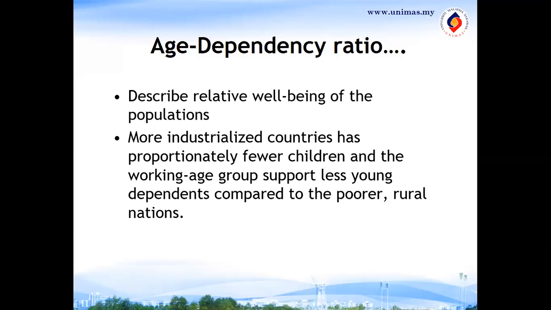Okay, and the working age group supports less of these young dependents tadi. Ya. Jadi dibandingkan dengan negara-negara yang sedang membangun, di mana populasi yang berumur 15 tahun ke bawah seperti Central Africa tadi kan sampai 46%. Yeah, so the number of people to support this group adalah ramai dibandingkan dengan in the developed countries. Okay, right. So compared to the poorer and also rural nations.